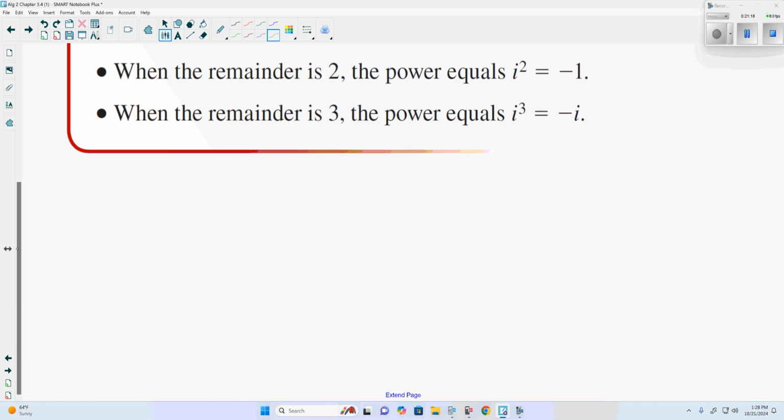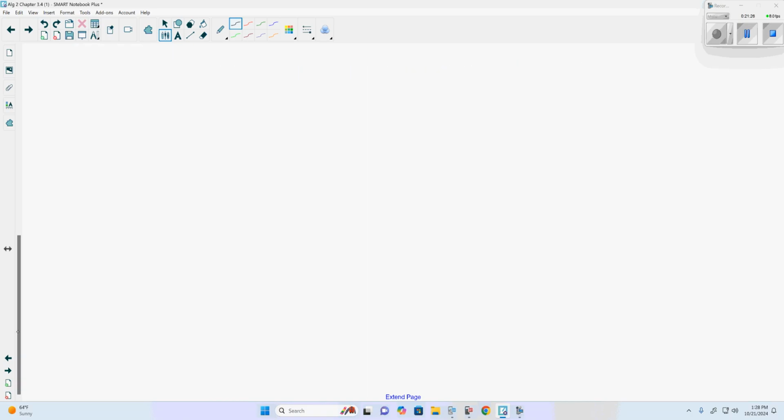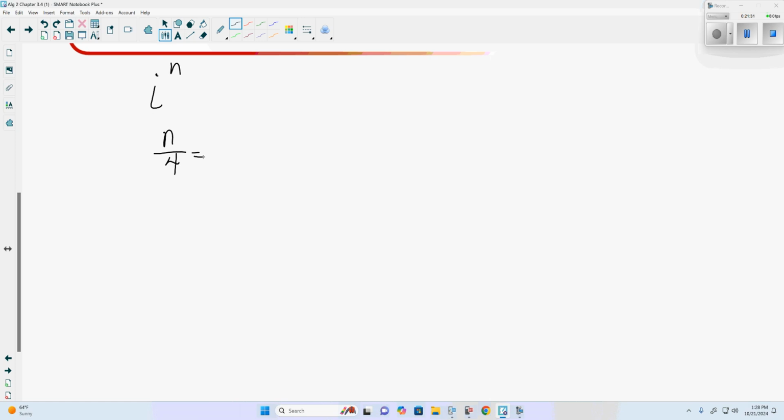Now, luckily enough, there is a nice way to do this. For i to the nth, the first step in simplifying is taking whatever the exponent is and dividing it by 4. What we get from this is going to be a number with 2 decimal places. What we're concerned about is not so much the number, but these 2 decimal places.